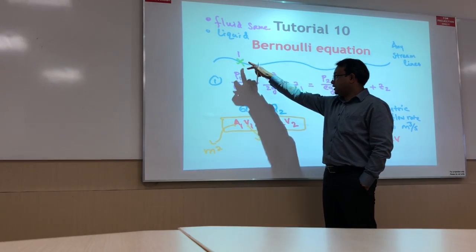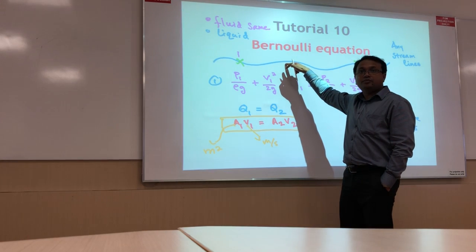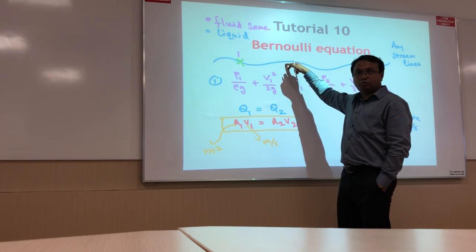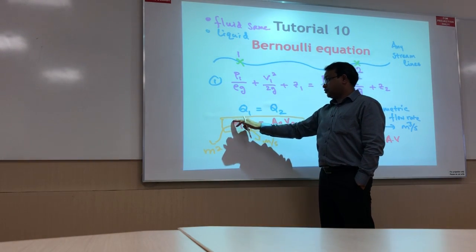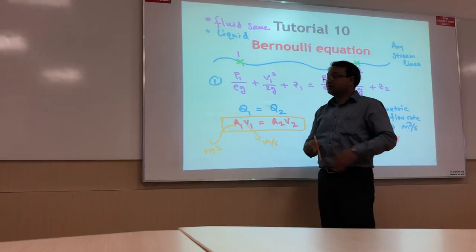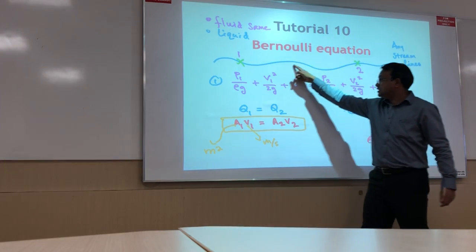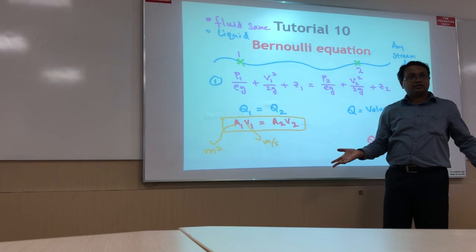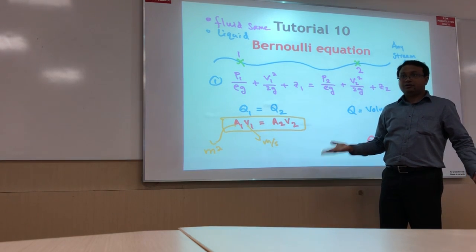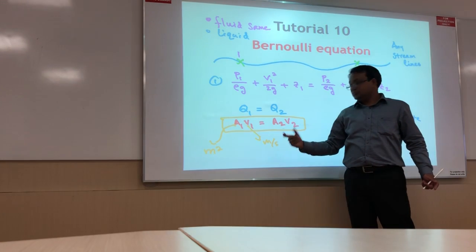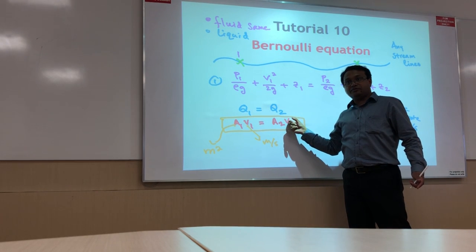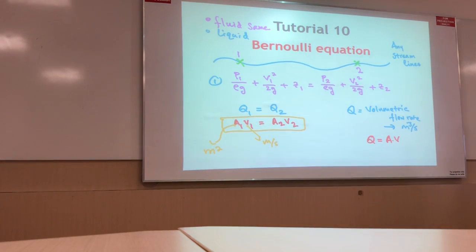In that case, I can say the velocity at every points are same. No problem. If the cross-sectional area are different, this means that the velocity at all points are different, right? But volumetric flow rate are same. But this one may be different. Okay, so these are the equations.